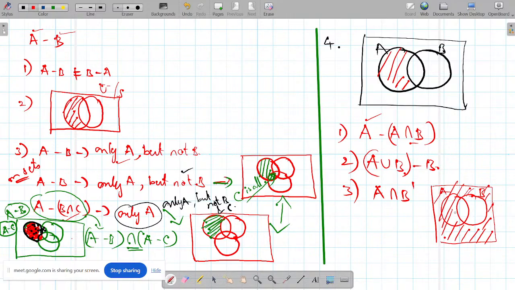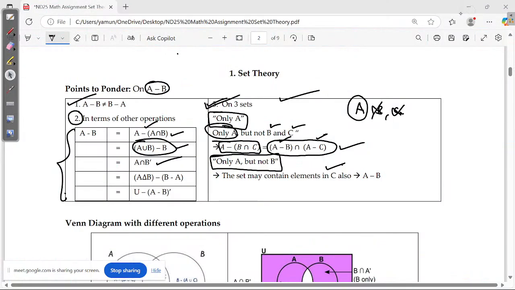Not in B. So you now intersect A. A is this full circle, but we cannot take the full circle because intersection means we cannot take this area. So obviously this will match with this diagram after intersecting with A. So your diagram will have this shaded area alone, shaded in black. Third one done.